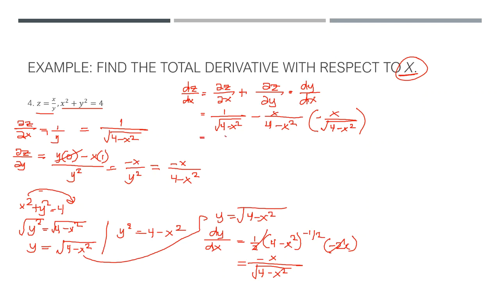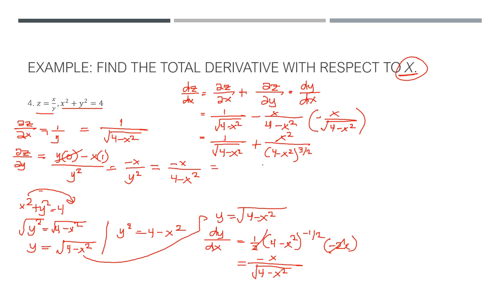Okay, so we have 1 over square root of 4 minus x squared. Negative times negative, that is positive x squared over 4 minus x squared raised to 1 times the square root of 4 minus x squared, which is basically equivalent to 4 minus x squared raised to 3/2, because 1 plus 1/2 is 3/2. Now, since as you can see, these are composed of two fractions, we can combine the fractions by finding the LCD.